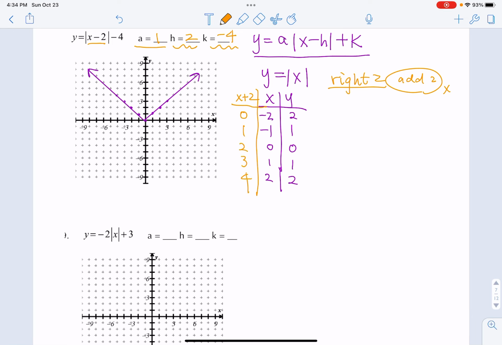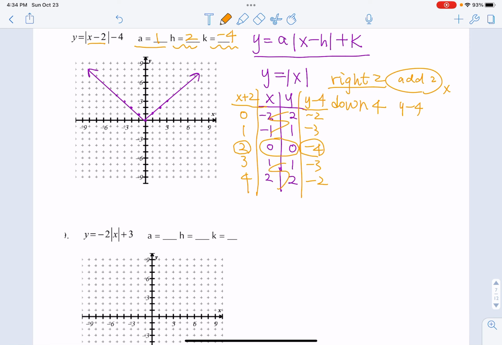And then the y value moves down 4, so y value down 4 means y minus 4. So you apply the y minus 4 to the table. 2 minus 4, -2. 1 minus 4, -3. -4. 1 minus 4, -3, -2. So the 0, 0 vertex, the original vertex, becomes 2, -4.